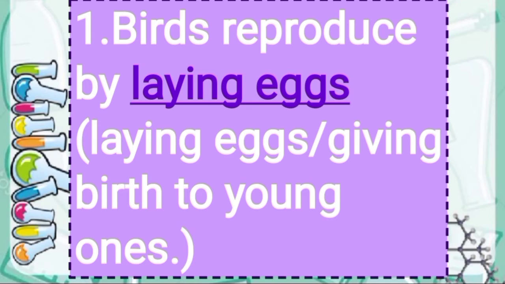So the answer is birds reproduce by laying eggs. Even most of the birds build nests on trees to lay their eggs and to raise the young ones.